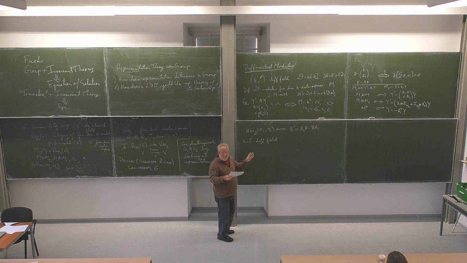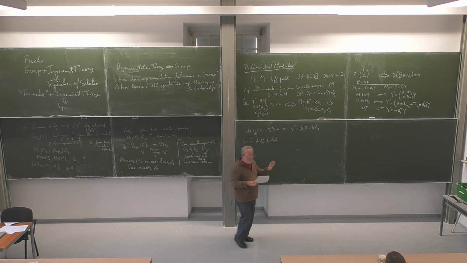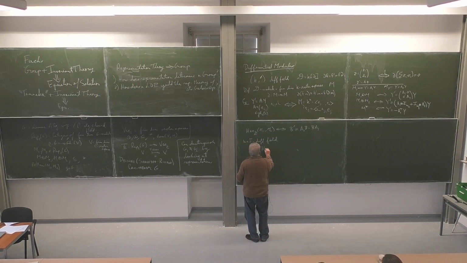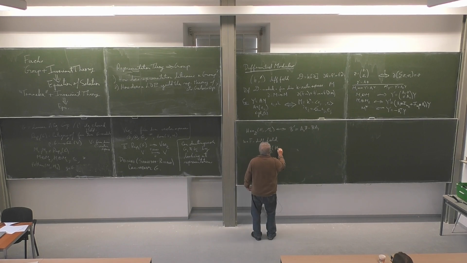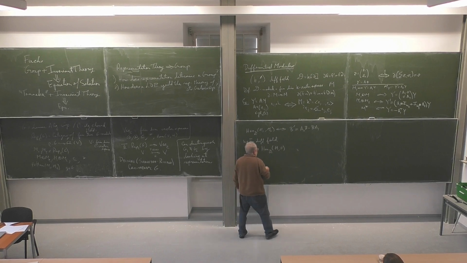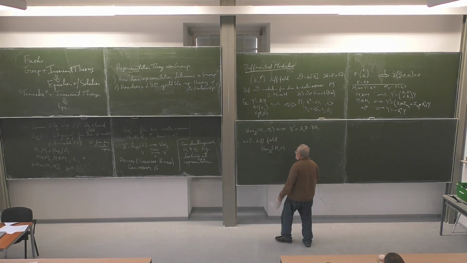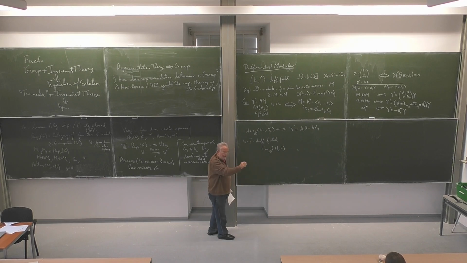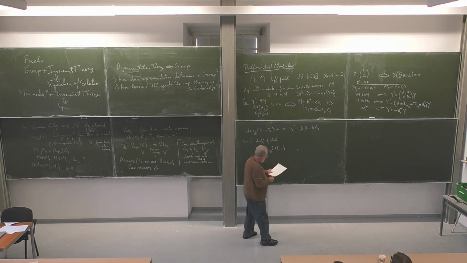So I'm leaving my world. Let's not think too hard about it. I can talk about D module homomorphisms from M to F. F here is a differential field containing K. I've extended it.